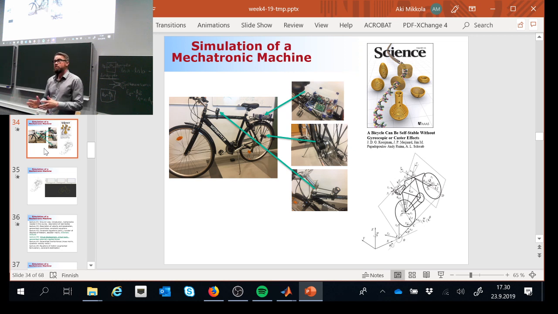This, by the way, is a system that consists of non-holonomic constraints. Once we are measuring those degrees of freedom, we use these measurements as additional constraints that are fed into the model. And once we run the kinematic analysis, we can get an understanding of the full state of the bicycle.